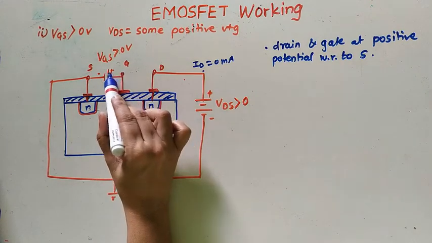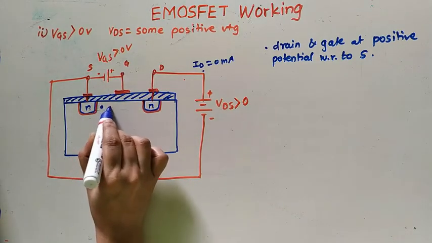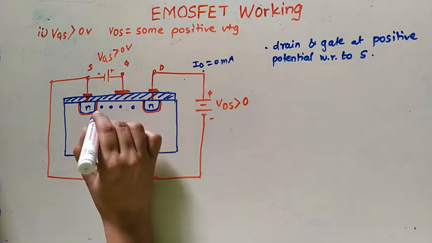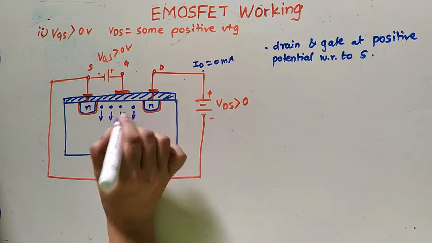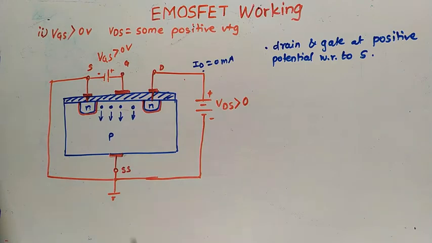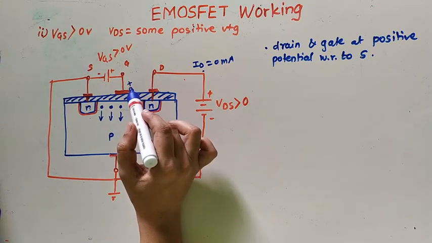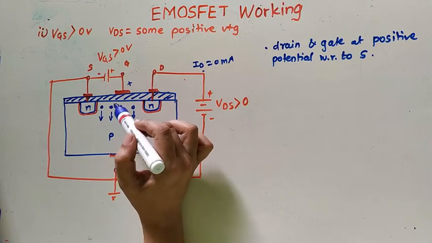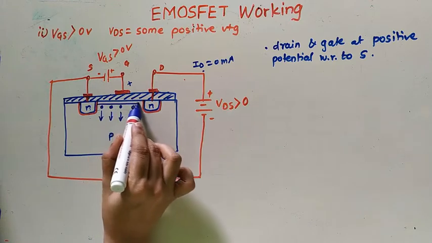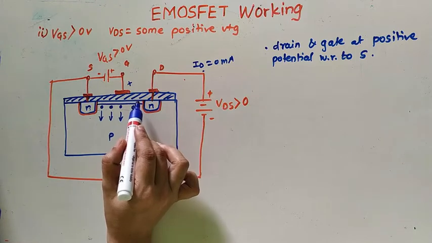The gate has a positive potential, that's why the holes present in this P type material, holes being the majority carriers, get repelled from the surface of this substrate. Because the gate is at positive potential, the holes get repelled, and a depletion region is created near the surface of the substrate which is void of holes.